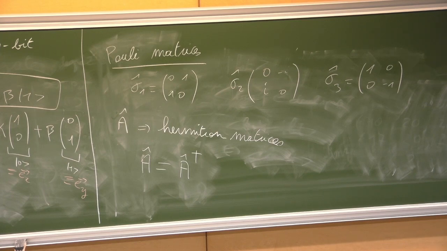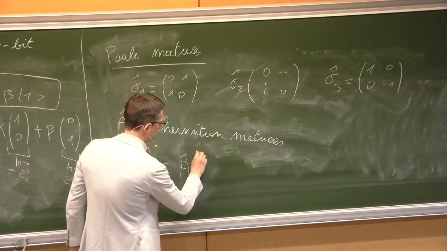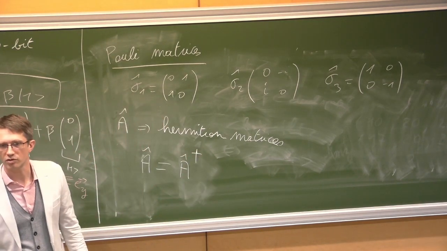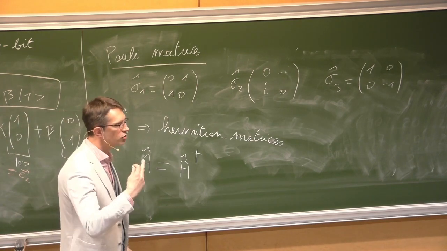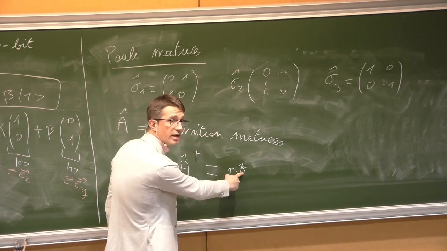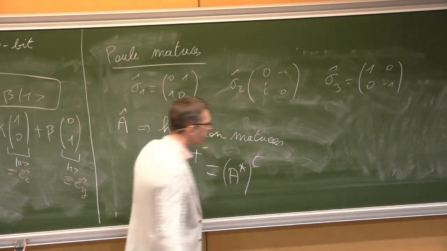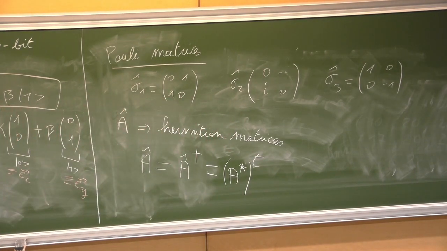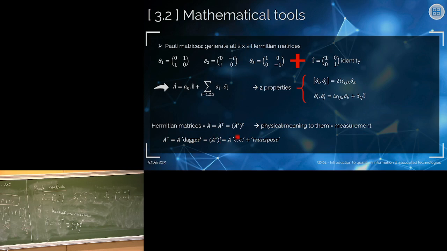I'll let you think of why. And this dagger doesn't bring much more information because it is actually the combination of two transformations: taking the complex conjugate of the matrix and taking the transpose of the matrix. So A dagger is a combination of applying a complex conjugate and then a transpose to the matrix. And when you do this, if the result, A dagger, is equal to A, then you have a Hermitian matrix.